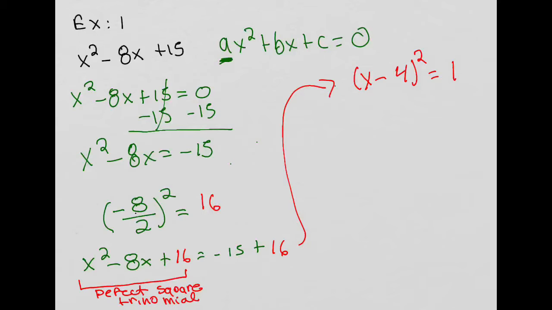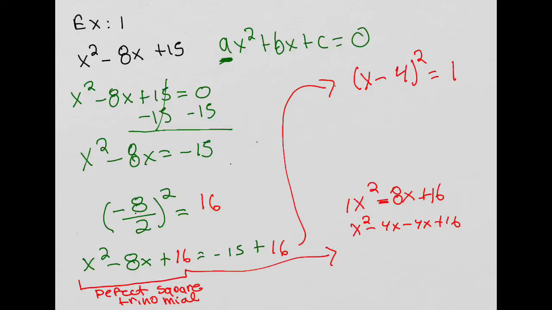Well, think about this. If you take this and factor it, I'm going to factor it using the AC method. So 1 times 16 is 16, factors of 16 that will add to 8. That's 4 and 4. So this is x squared minus 4x minus 4x plus 16, because you bring the first sign down, and then a negative times a positive is a negative.